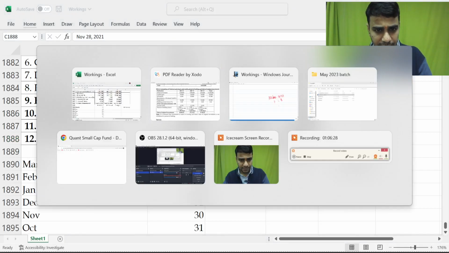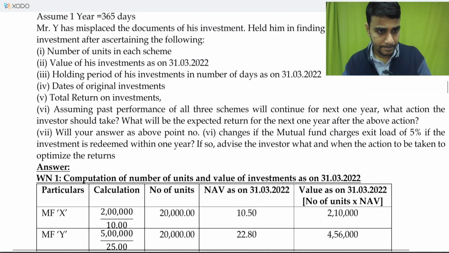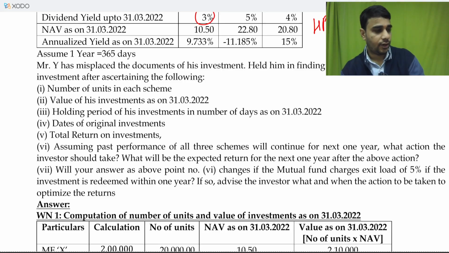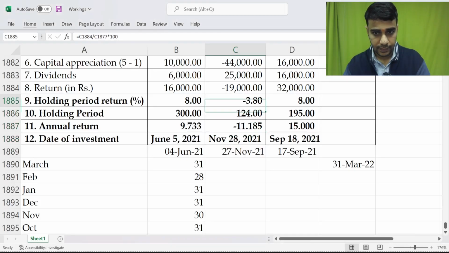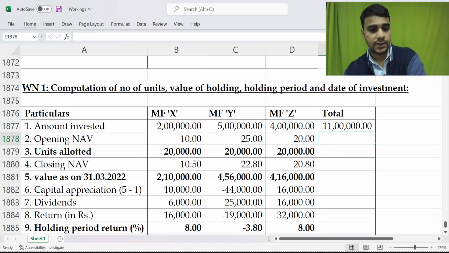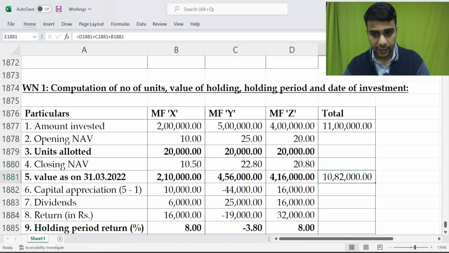Let's look at the last part of the question. Total return on investment. Let's add a few numbers. Put a total for amount invested. Put a total for value as on 31/3/2022.